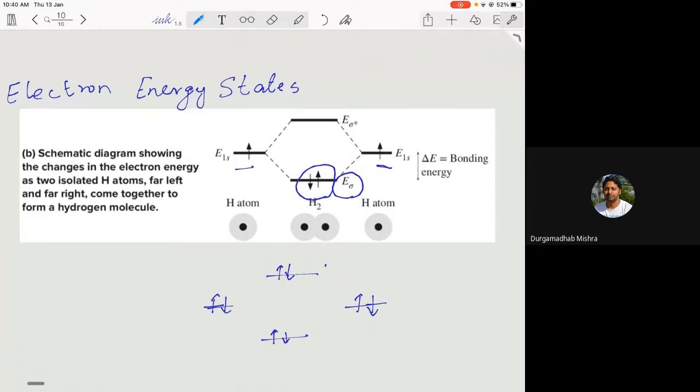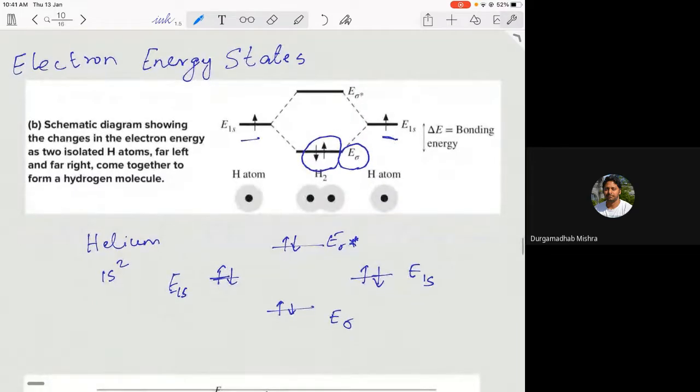So this is for helium, 1s2. This is E1s, this is E1s, this is E sigma, this is E sigma star. And since the antibonding orbital is also full, it is not a favorable condition for the helium molecule to form. Therefore you will not have a helium molecule.